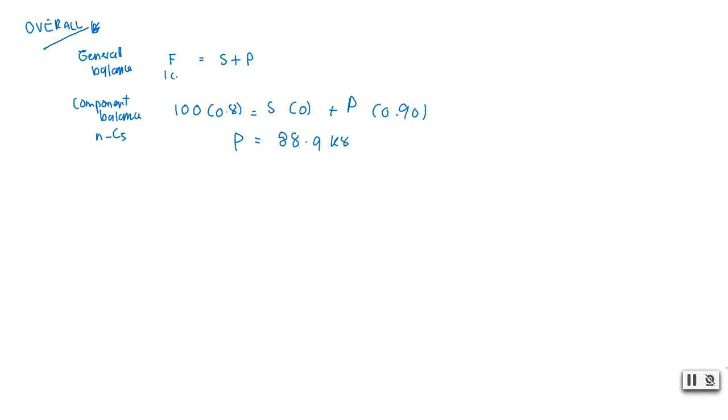Again, go back to here. This is 100 equals S plus 88.9. So S is equal to 11.1 kg. So now we have the S and P. Okay, and then after that we are going to the other balance.